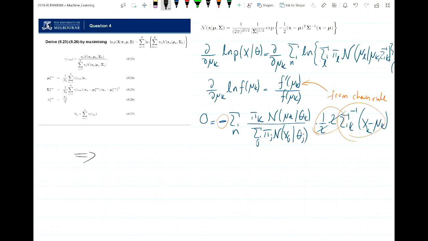So from this, we've got what? If we define this, notice that this is the responsibility that I was talking about, gamma. And we can get rid of this by multiplying on the right side with sigma k, and then that cancels that one out.